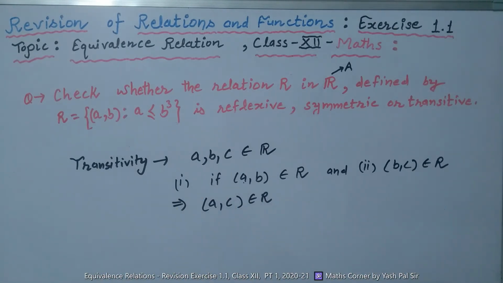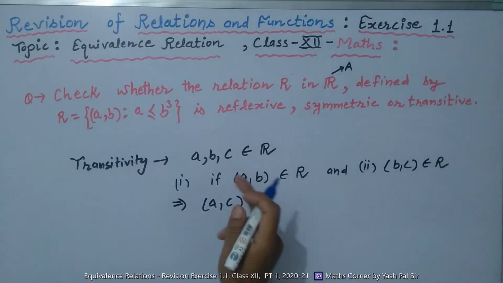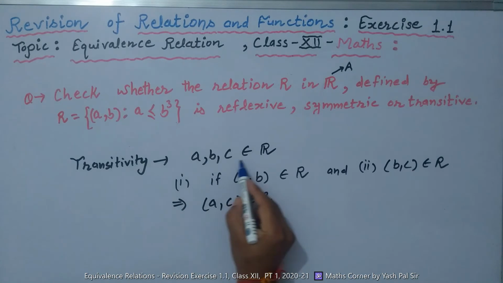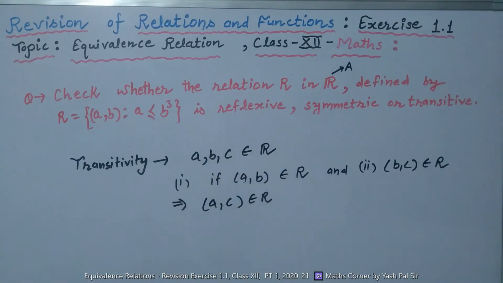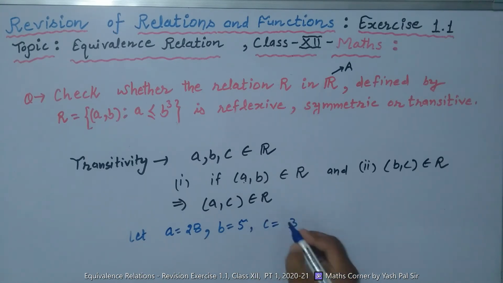So now let us check with one example. First of all, we have to select three numbers from the set of all real numbers. Here we suppose a is equal to 28, b is equal to 5, and c is equal to 3.